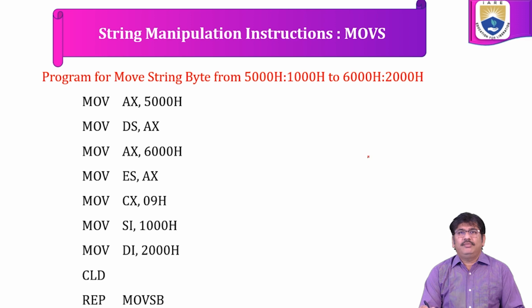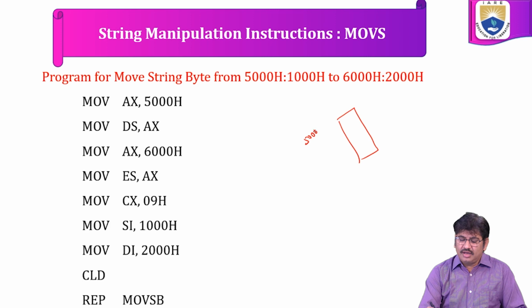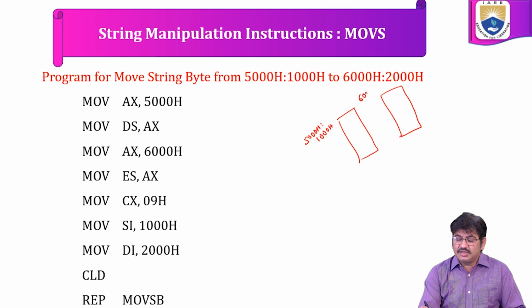Now we will see a small program for moving a string of bytes from the location 5000 in the data segment with the offset value 1000H to the target location, which has the segment address 6000H and offset 2000H. We have to load the source segment register and extra segment register with 5000 and 6000 respectively.